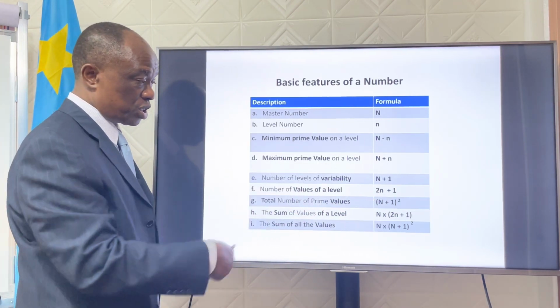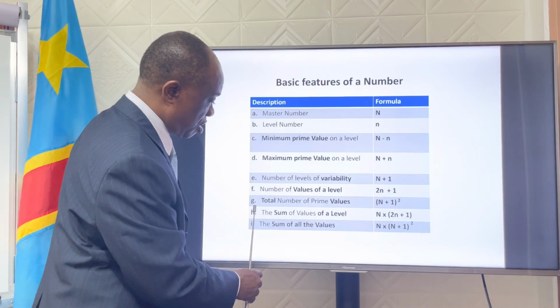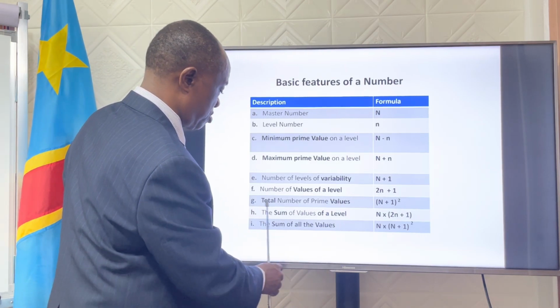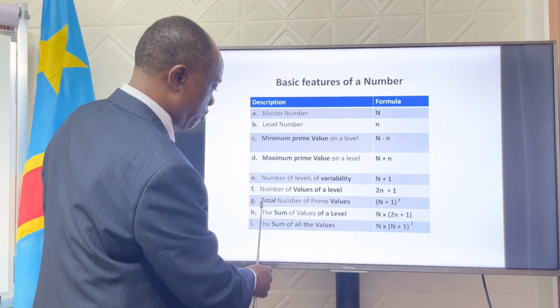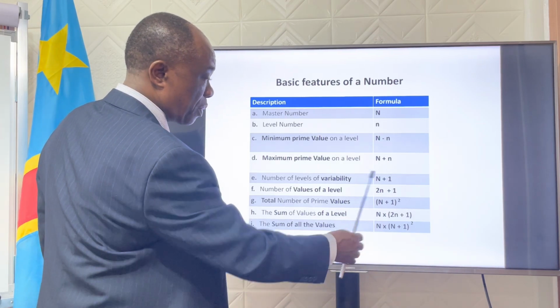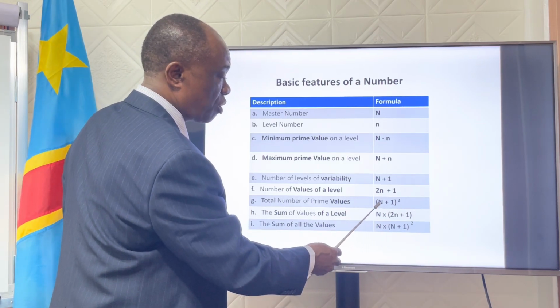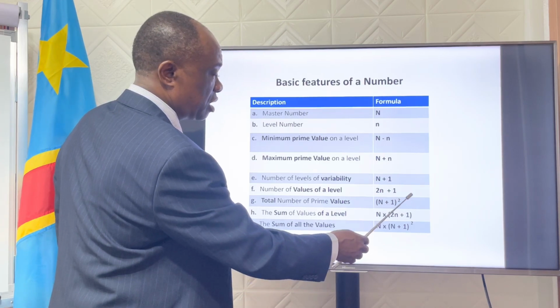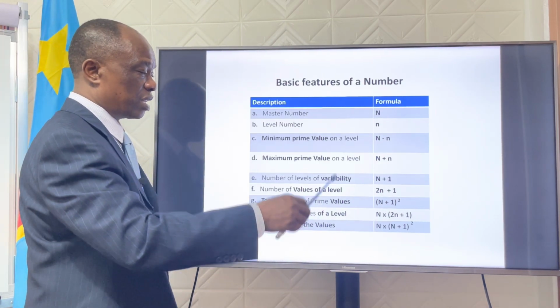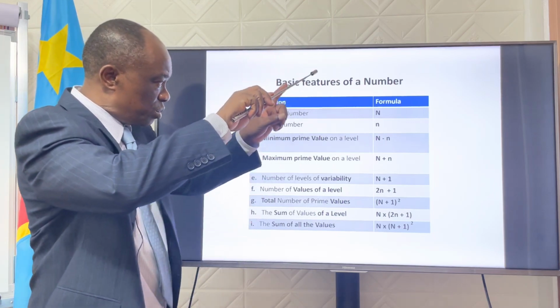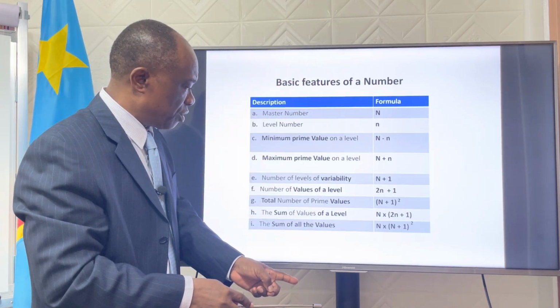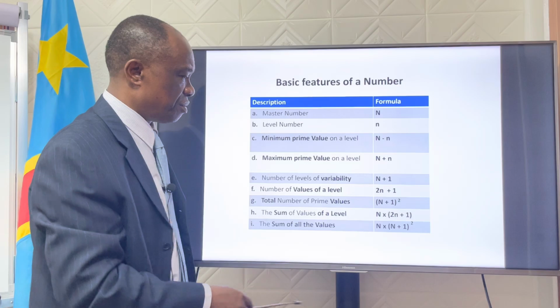I also demonstrated that one already. Here, the total of prime values, all the prime values, you have to get (n plus 1) squared. So you have to get all the levels squared.